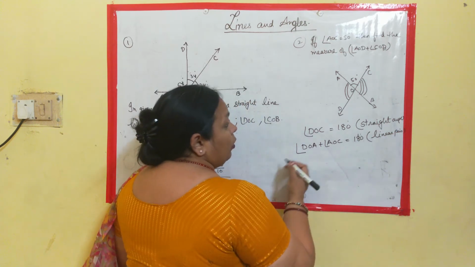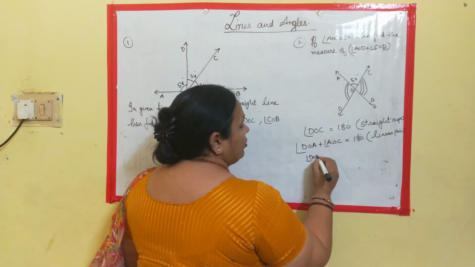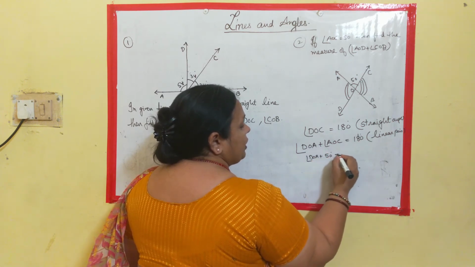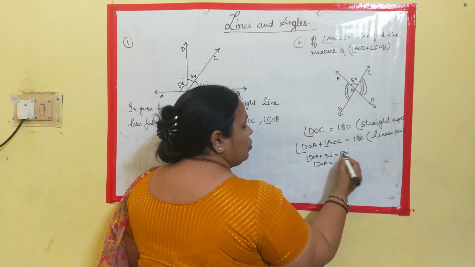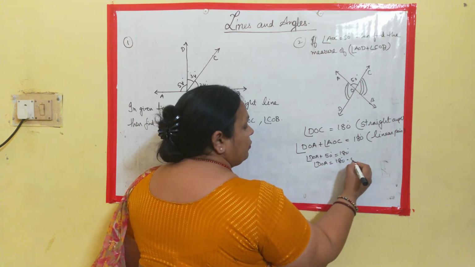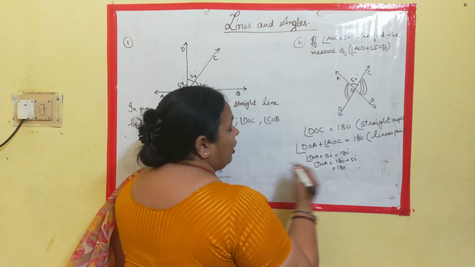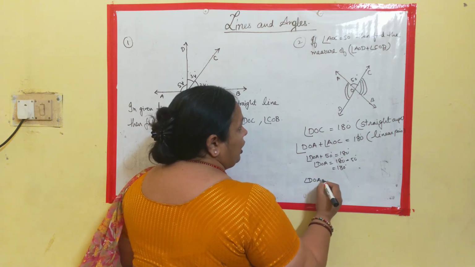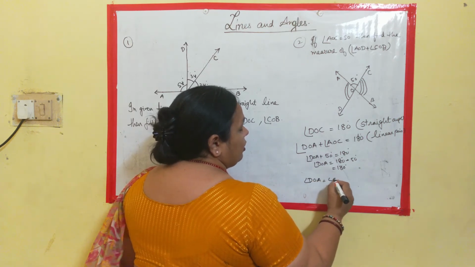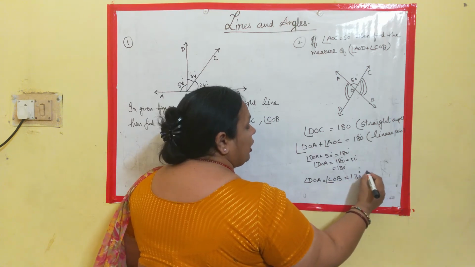Now, DOA you don't know, but you know the value of this as 50 degrees, equal to 180. So, DOA is equal to 180 minus 50, which leads to 130 degrees.